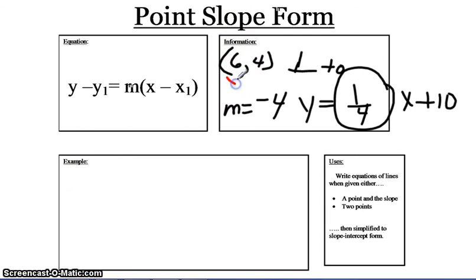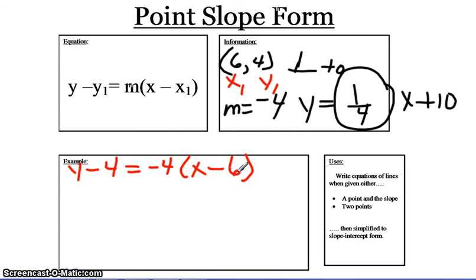My point, x sub 1, y sub 1. And now I'm going to plug in y minus my y coordinate, which is 4, equals negative 4 times x minus my x coordinate, which is 6.